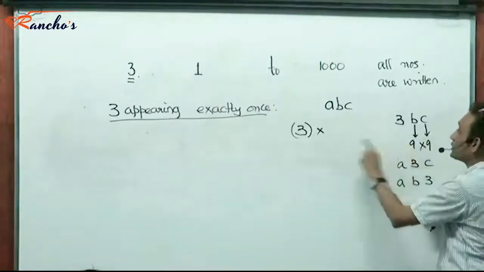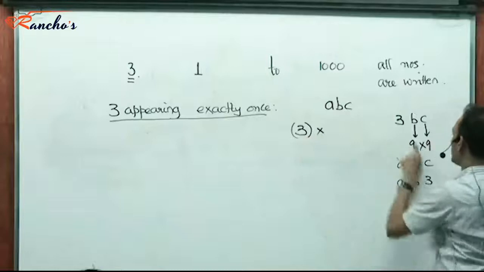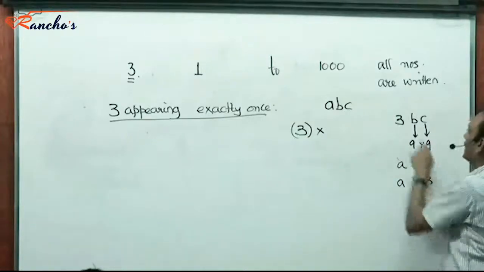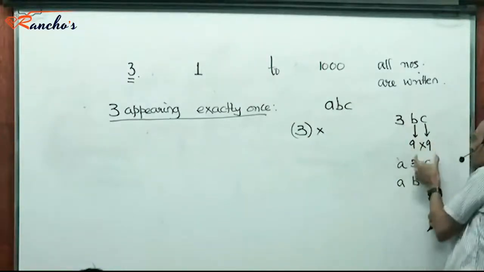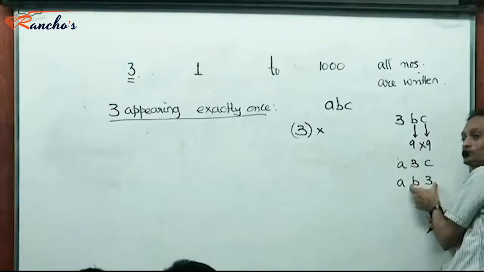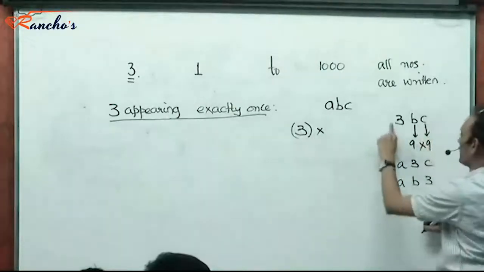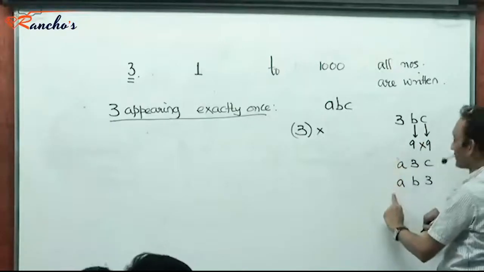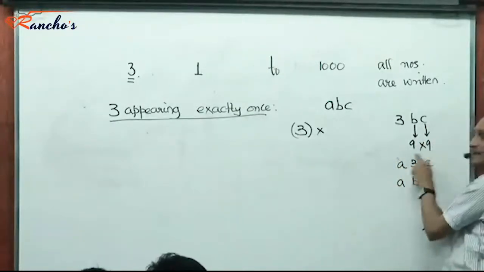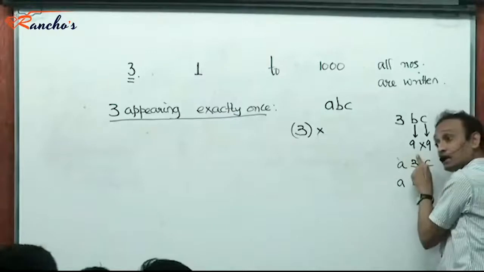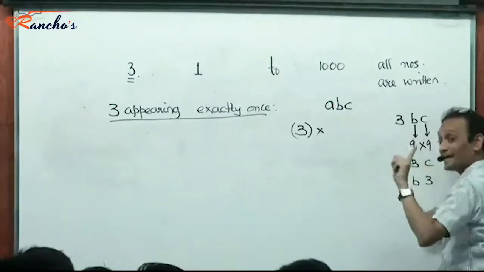So that makes it 3 eligible locations for A, B and C. And for each of these cases, there are 81 numbers that could be constituted, right? There are 3 possibilities. This is 1, this is 2, this is 3. And for each of these cases, there are 81 ways of selecting the remaining 2 with 3 appearing exactly once.